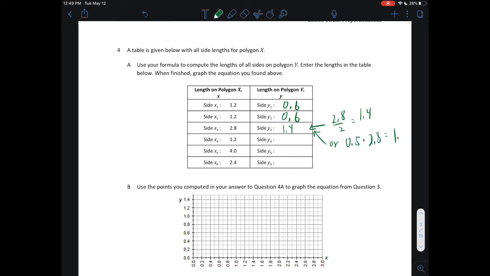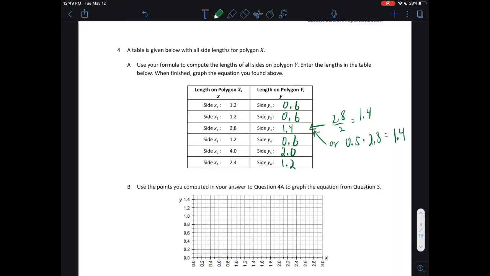This is just confirming to you that dividing by 2 is the same thing as multiplying by a half, or 0.5. So now side x4 is 1.2. That's going to correspond with a side y4, which is 0.6. Side x5 we've already seen, 4.0 inches. Side y5 we said was 2.0 inches. And then finally side x6, which is 2.4 inches. I'm going to take 2.4 and divide it by 2, and I get 1.2 inches for side y6.